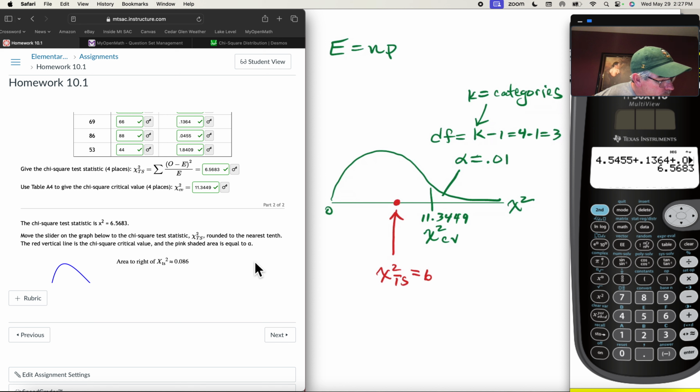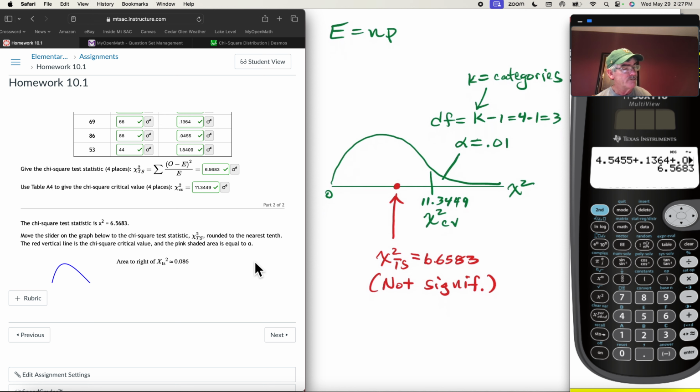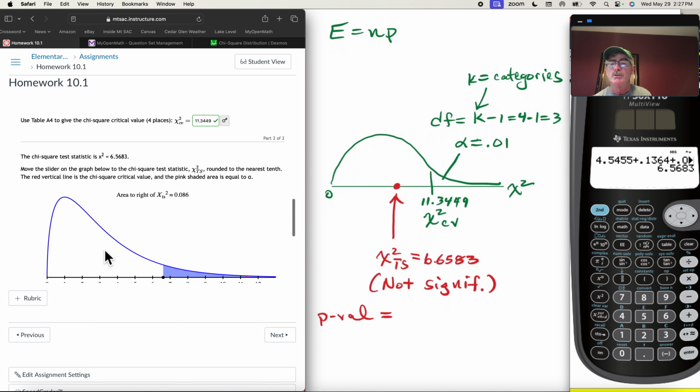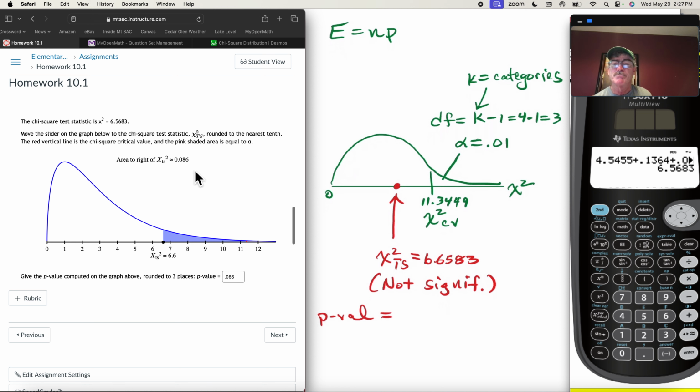Okay, and it's not significant because it's not in the tail. Okay, so we'll just kind of assume that we won't be rejecting the null hypothesis because we don't have significant evidence to do that. Okay, and the p-value came out to be, down here, 0.086.